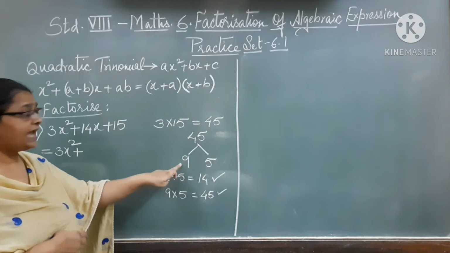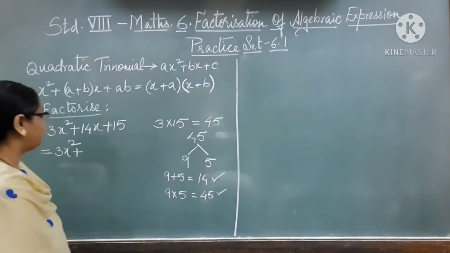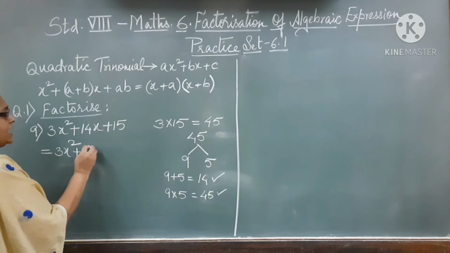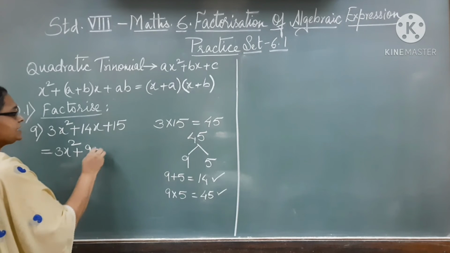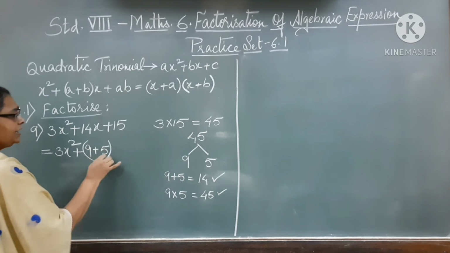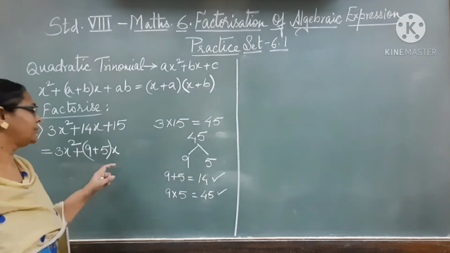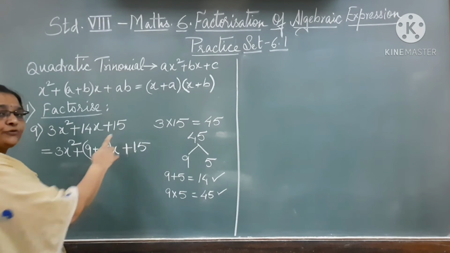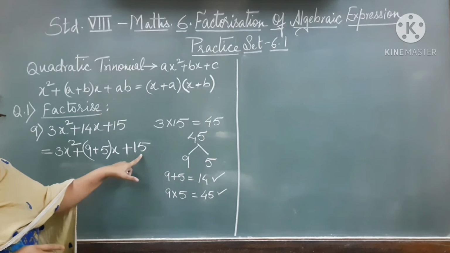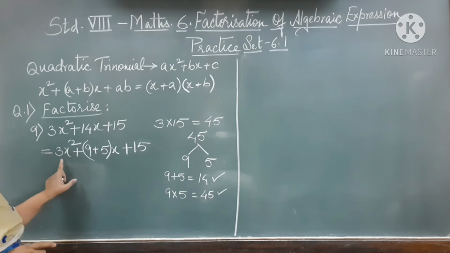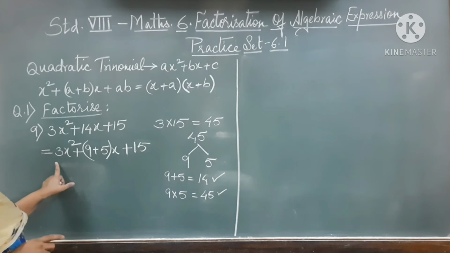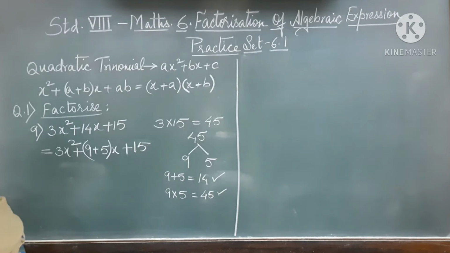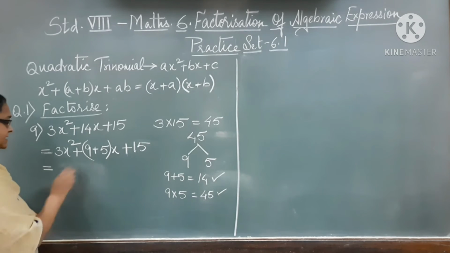Let this be a and 5 be b, right? So here I am going to take 9 plus 5 multiplied by x, plus 15. Now I write only 15 here because I have already written 3 over here. So the product will be 45 only. So write 15.